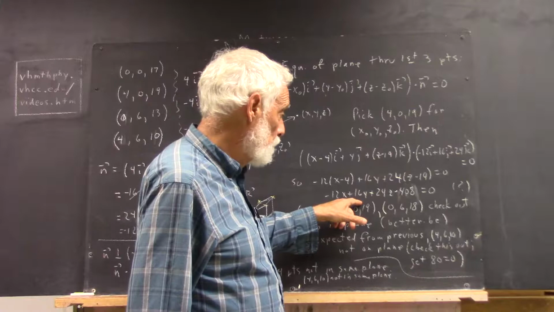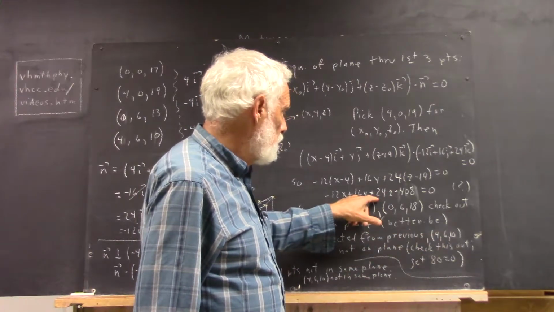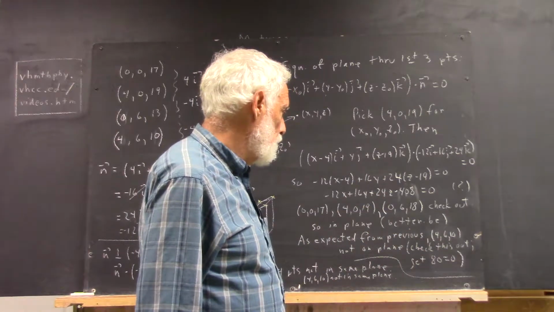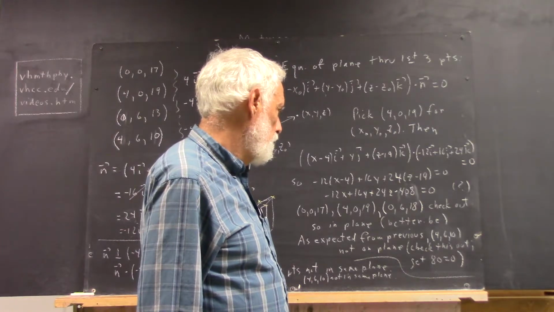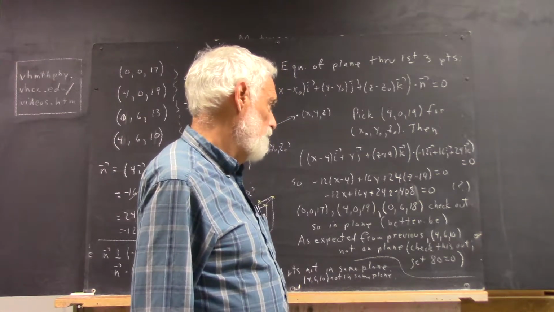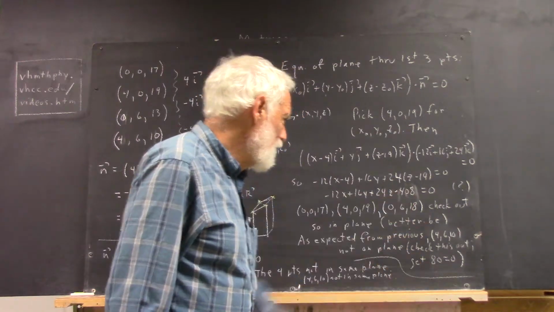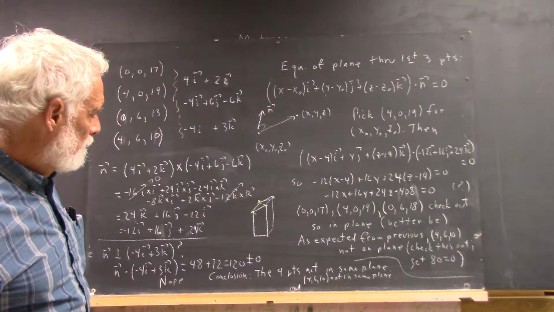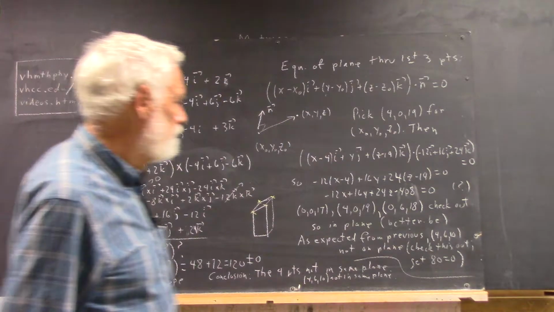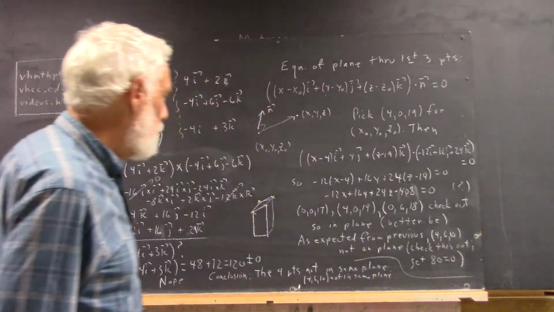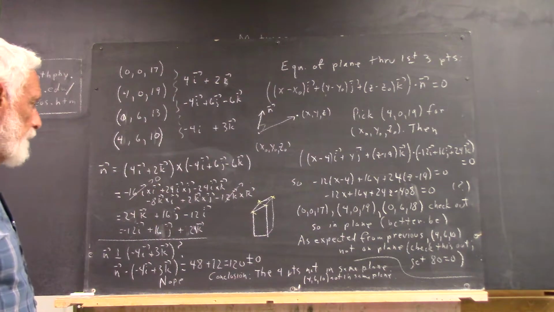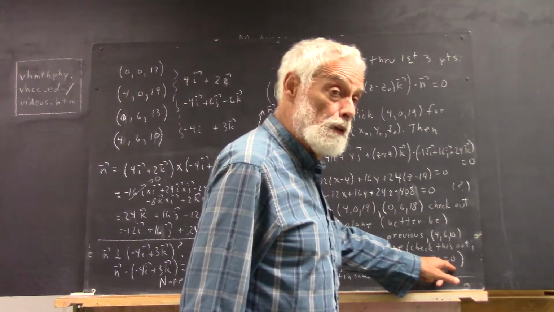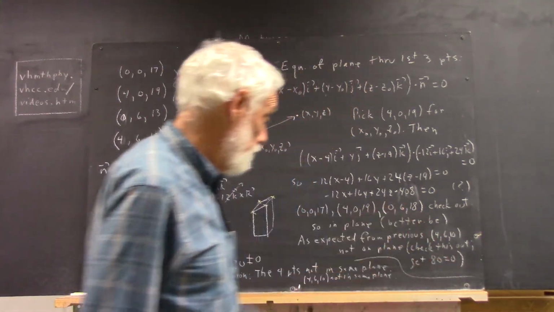That gives us plus 48. 240 and 96 is 336. 336 minus 408 should give us a nonzero result. You can check it out. In any case, we don't get 0 equals 0. This point is not in this plane.